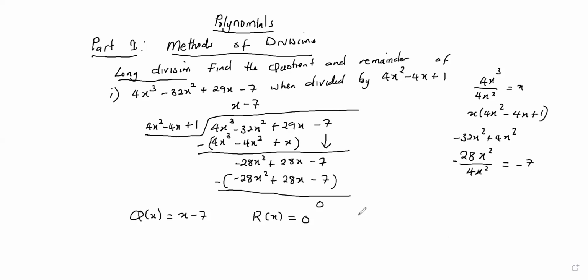You do the multiplication, subtract, whatever number remains there. How do you know that you cannot divide anymore? Since we are dividing by x squared, when the power becomes less than 2, then we stop dividing. So whatever we have there will be called the remainder, even if it is not 0.